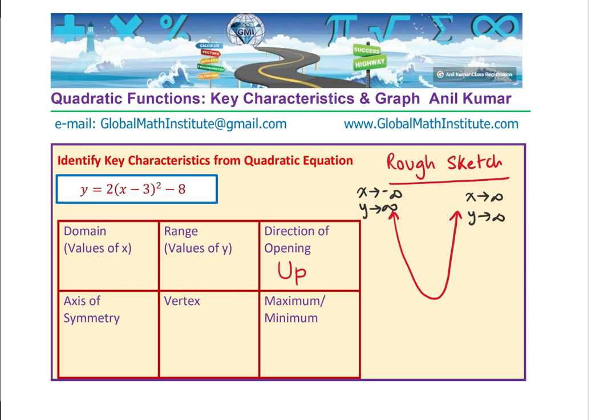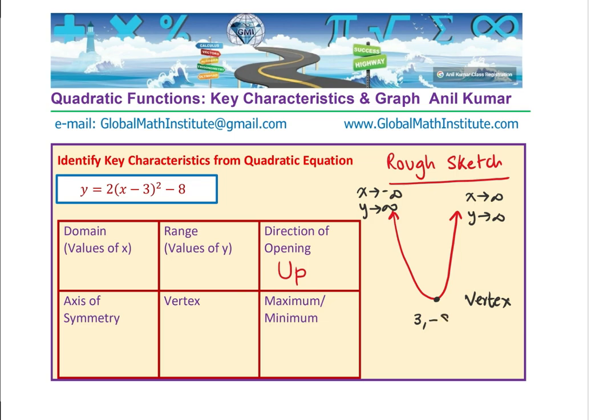Okay. This point is the very first point to begin with. It's called the vertex, as you know. And the coordinates of the vertex are h and k, or these values. What makes this x minus 3 zero? And that is at 3. When this is 0, then the value of y is minus 8.